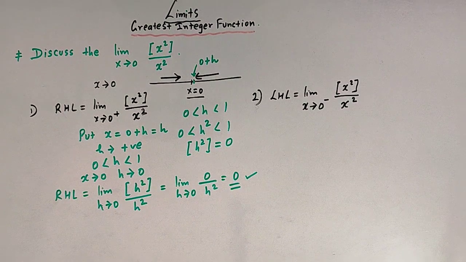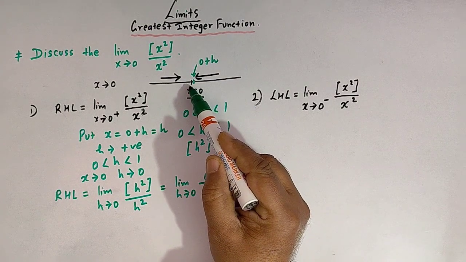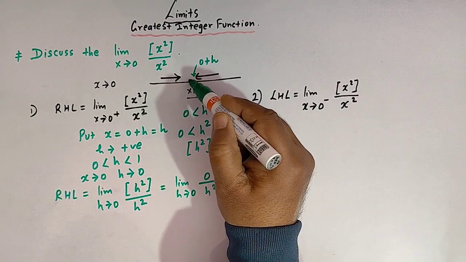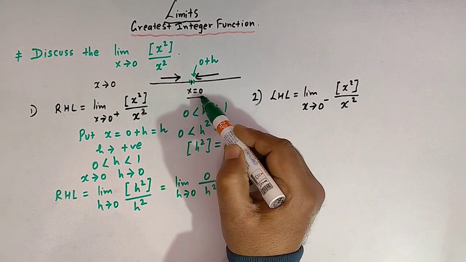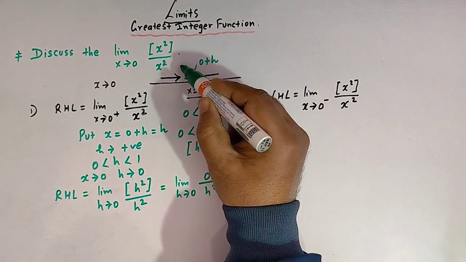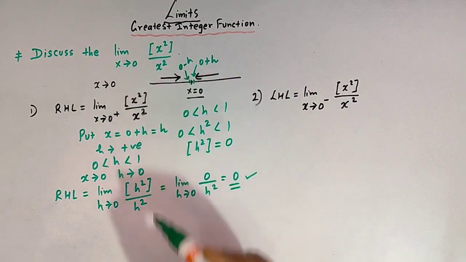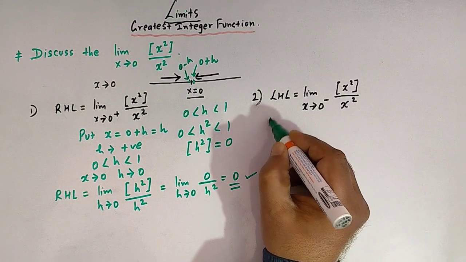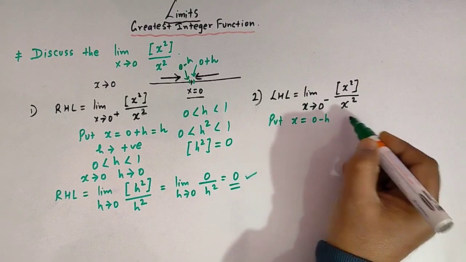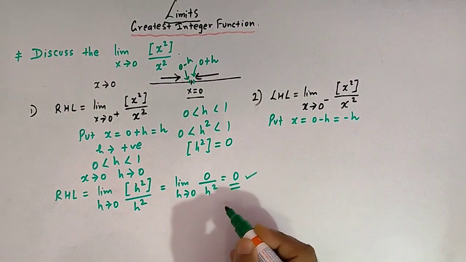Now when we are towards the left of x is equal to 0, we are somewhere in the neighborhood of x is equal to 0. So this point is 0 minus h, and we'll take x is equal to 0 minus h, which is simply minus h, right?